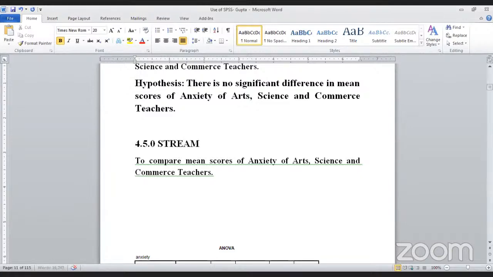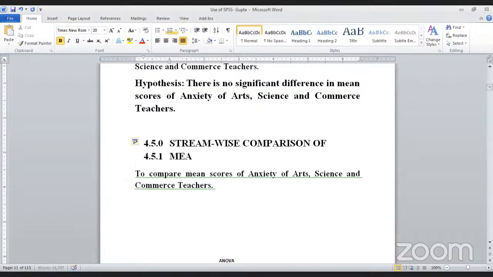Stream wise comparison of mean scores of anxiety of teachers.